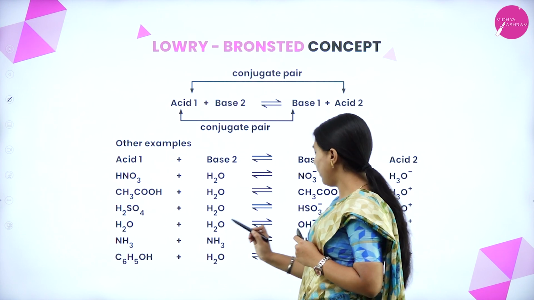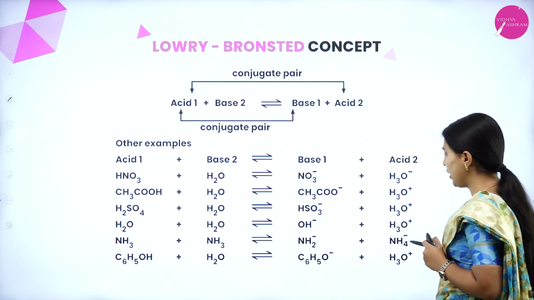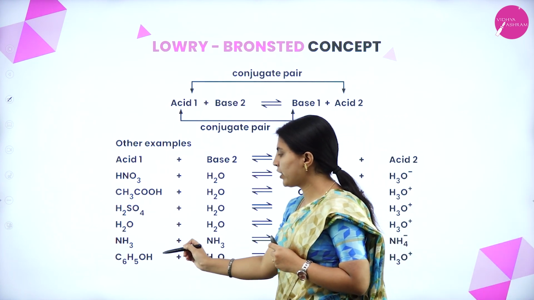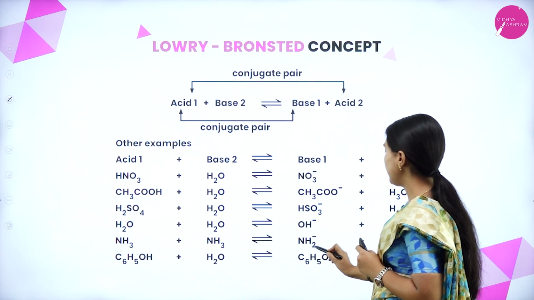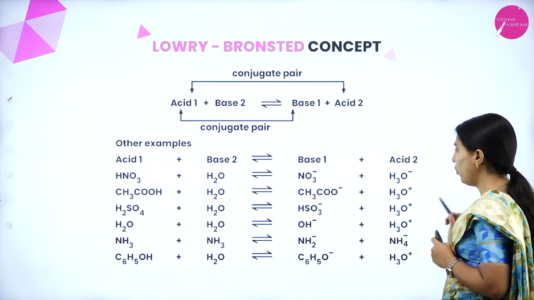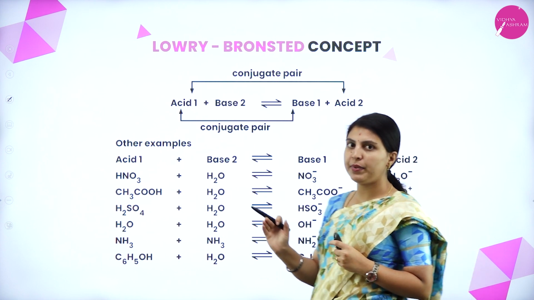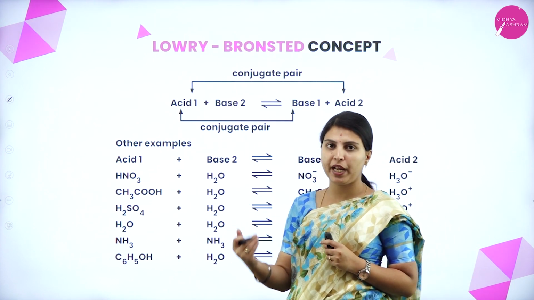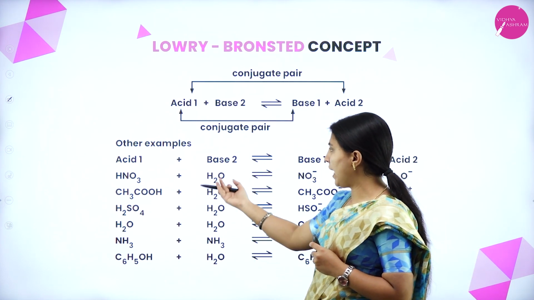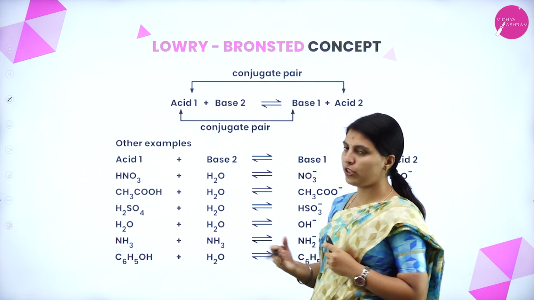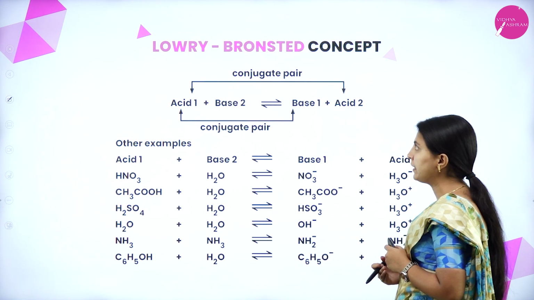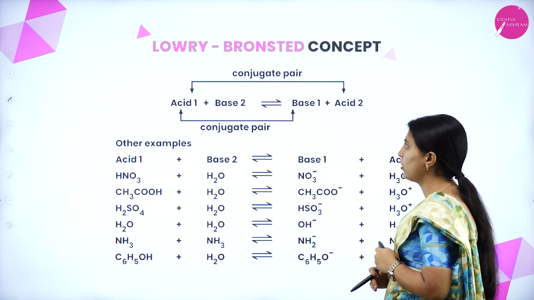And in ammonia and ammonia, NH2 minus and NH4 plus. Phenol C6H5OH with water gives C6H5O minus and H3O plus. These are the examples of formation of conjugate pairs of acids and bases with acid 1 and base 1 and base 2 and acid 2. This is about the Lowry-Bronsted concept.